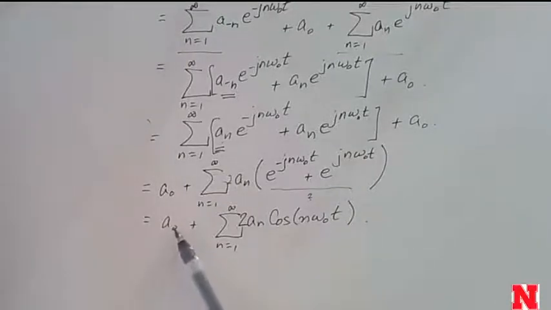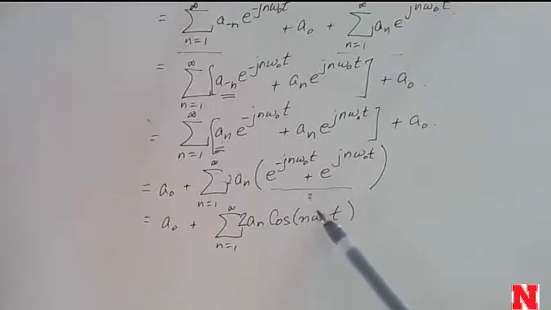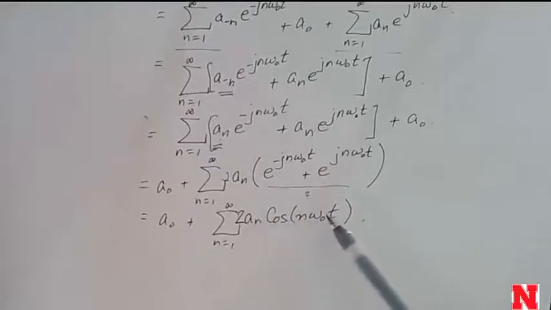So we have a constant term, which we know is the DC value, and then we have a sum of sinusoids of frequencies that are integer multiples of the fundamental frequency, right? That's all a Fourier series is.